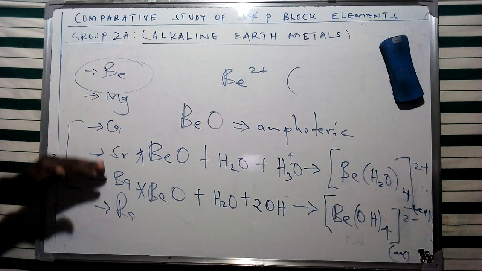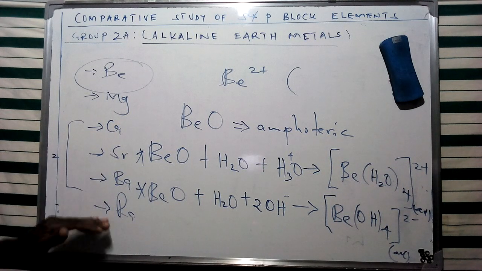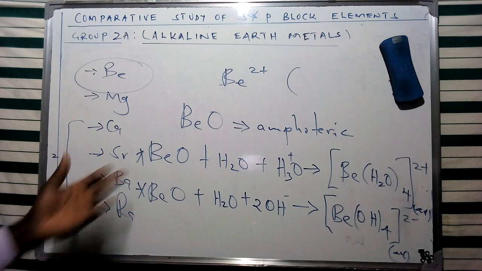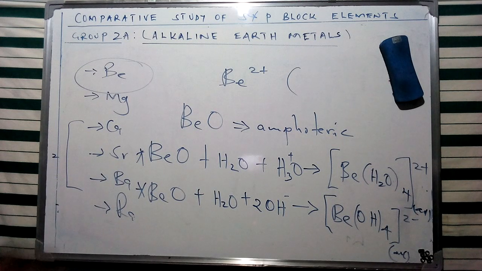And of course, the heavier elements display the properties of group 1 in terms of reactivity. In this particular case, we are going to look at some of the methods of production, and perhaps abundance and some of the tests we can perform in order to ascertain or confirm the presence of these group 2 elements.